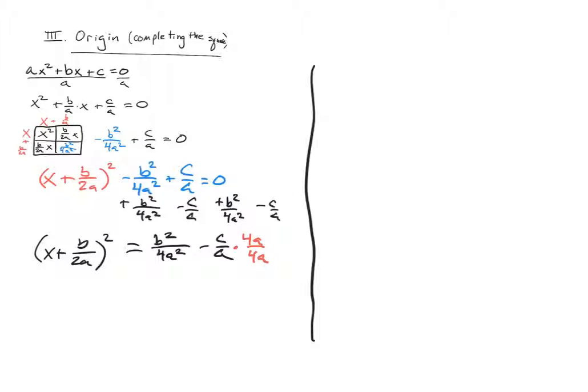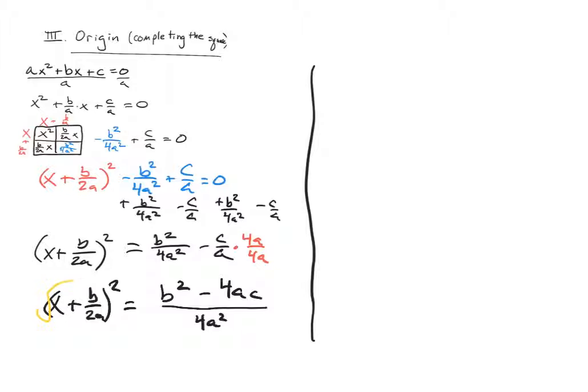So that gives our x plus b over 2a squared is equal to. Now we're starting to see some stuff. So b squared minus and then 4ac. That should look familiar. That's the discriminant sitting on the top there. And then our common denominator is 4a squared.